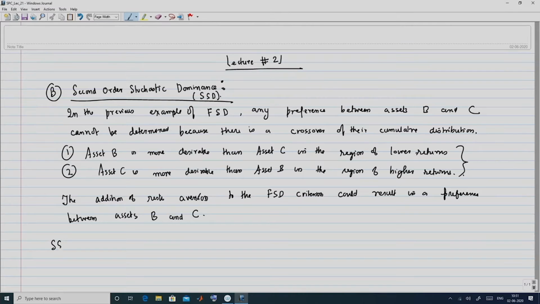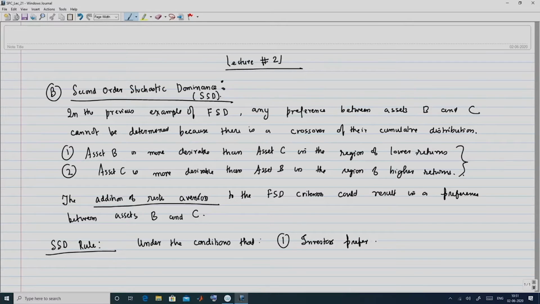Alright, so let us now look at specifically the SSD rule by taking into account that we have added the risk aversion. So, we identify that under the conditions that, first of all, investors prefer more to less. So, this is u prime of r is greater than 0. So, this was already there, and now on top of it we add another condition that investors are risk averse.